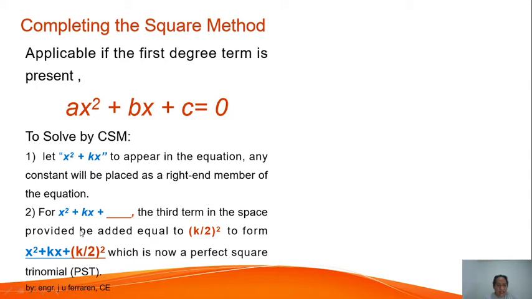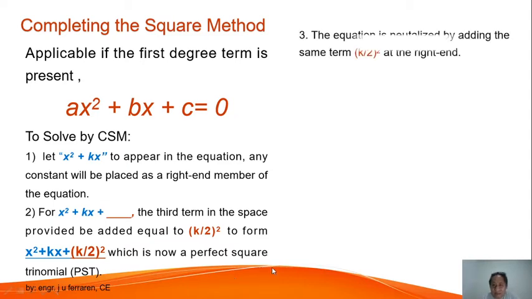So the term to be added is half of k, and then you take the square of that to form x squared plus kx plus the square of k over 2, which is now a perfect square trinomial. Since you are adding a term on one side of the equation, it can be neutralized by adding the same term on the right end of the equation.